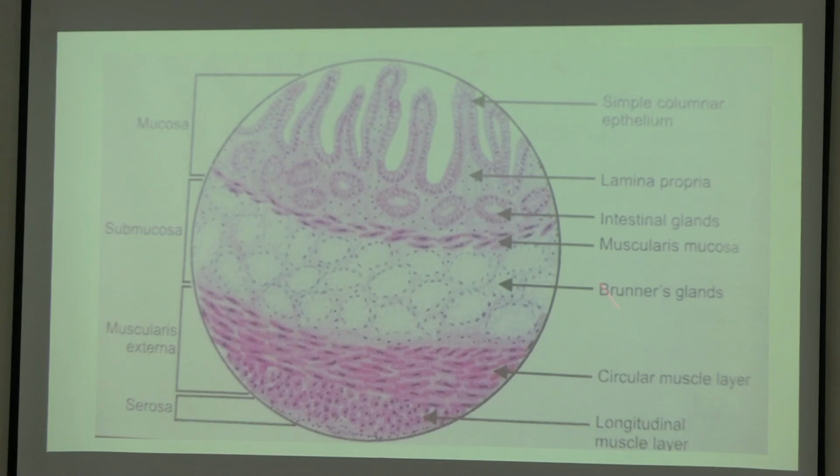So these are the villi, and you see, these are lined by epithelial cells. These are simple columnar epithelium, and they will secrete mucin. And not only this, here you will find some glands, intestinal glands. There is secretion of digestive juice from the wall of the intestine.